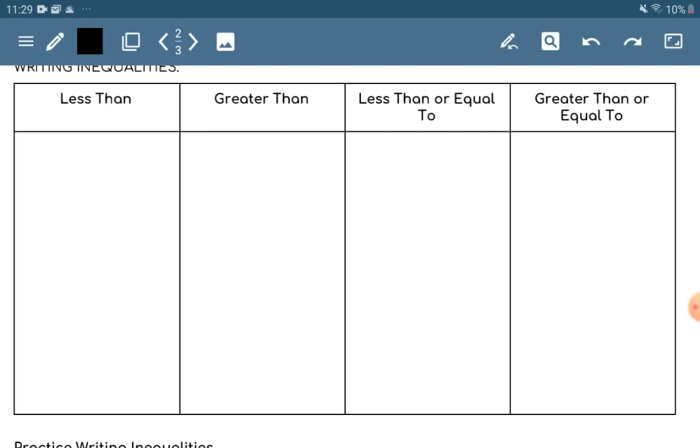You follow along. In the less than column, we have six or so different phrases to write, so leave yourself space. The first one is very simple. It is less than. The next one is fewer than.